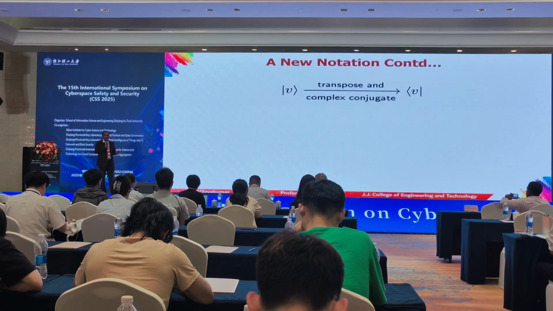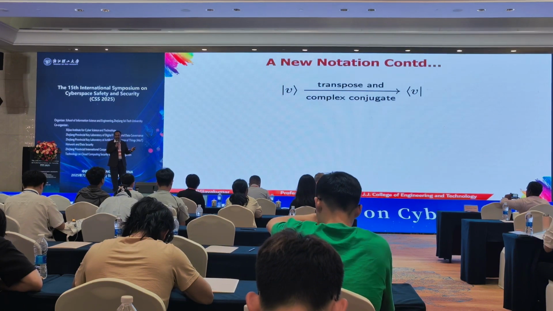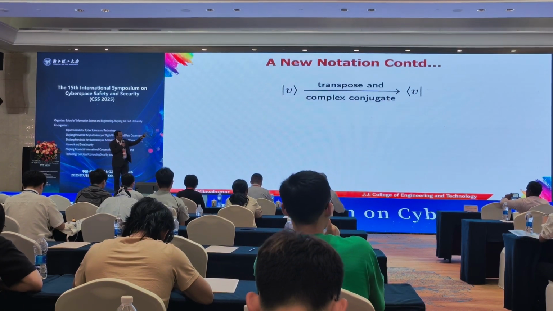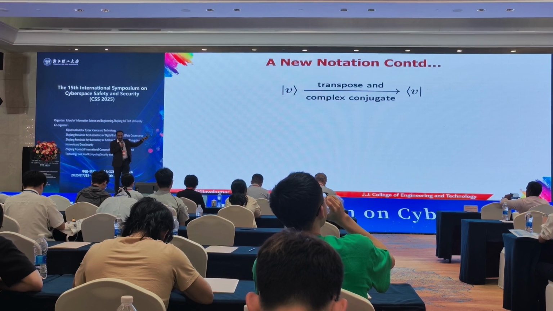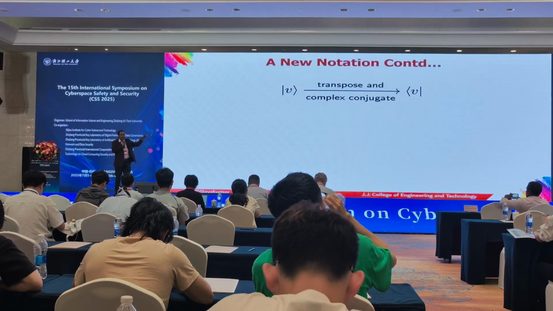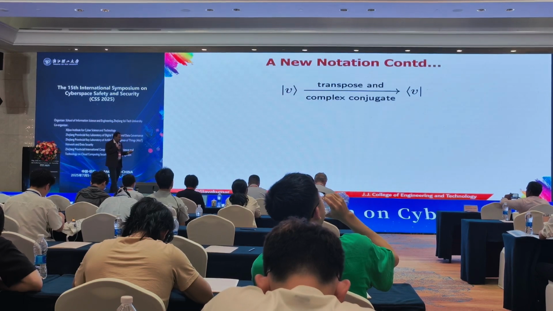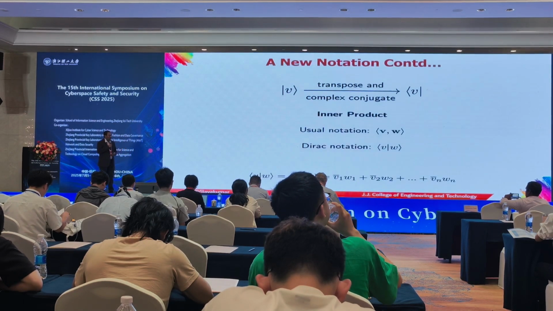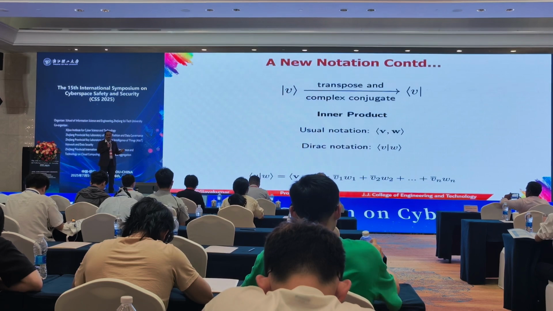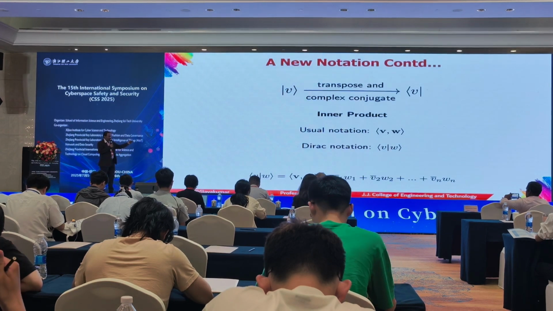How to convert a ket into a bra? In order to convert a ket into a bra, we have to take the transpose of the ket and compute the complex conjugate. We will get a bra. Other than that, there are two more notations: inner product and outer product. Inner product is denoted like this.